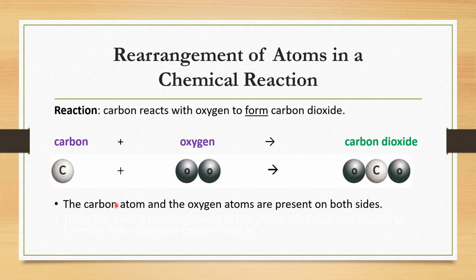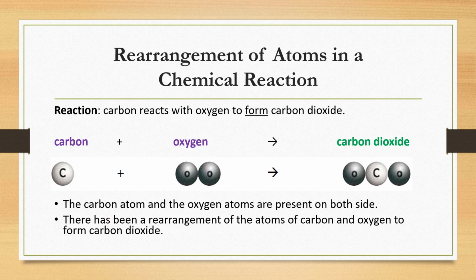Thus, the carbon atom and the oxygen atoms are present on both sides of the arrow. This means that there has been a rearrangement of the atoms of carbon and oxygen to form the new substance carbon dioxide.